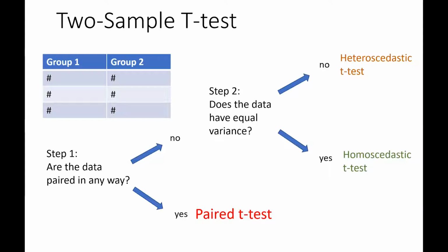So for the 2 sample t-test, remember that you have group 1 versus group 2, and you're comparing means. And you're saying, is the mean of group 1 different from the mean of group 2? These could be paired before and after kind of studies. They can be different species.